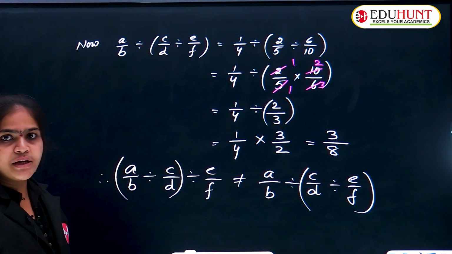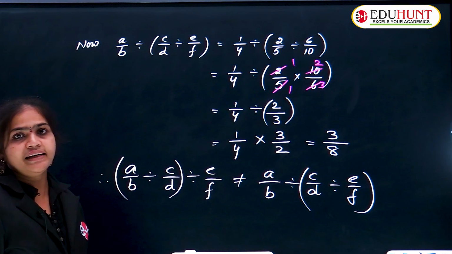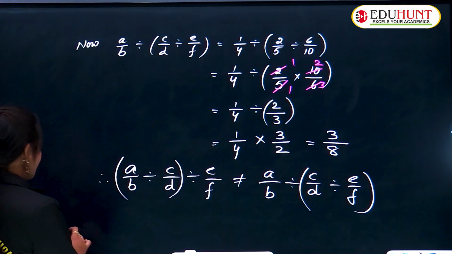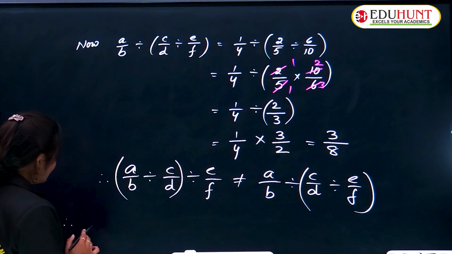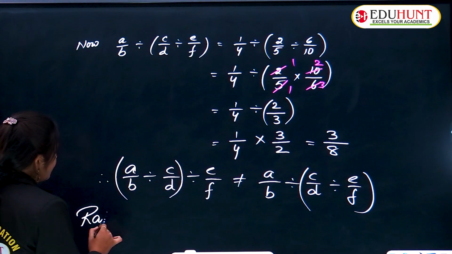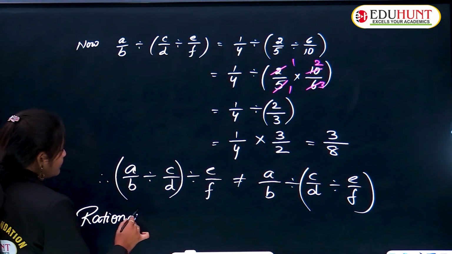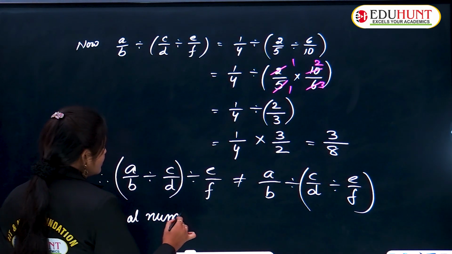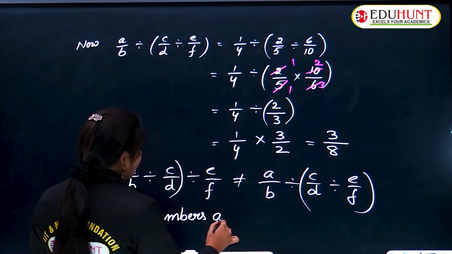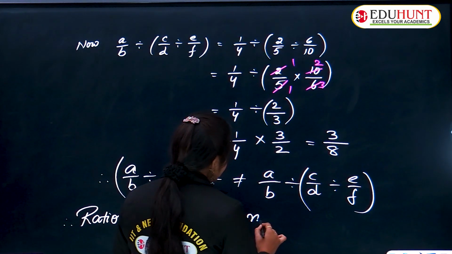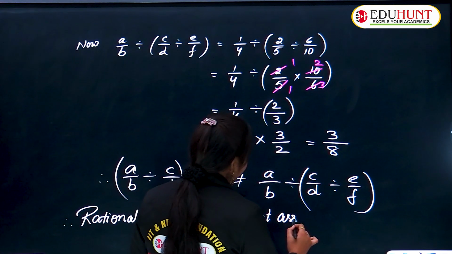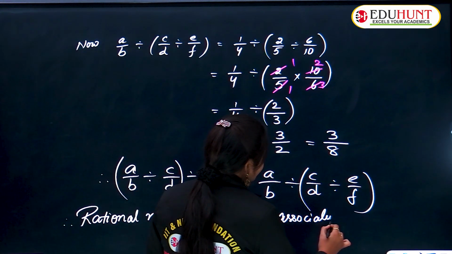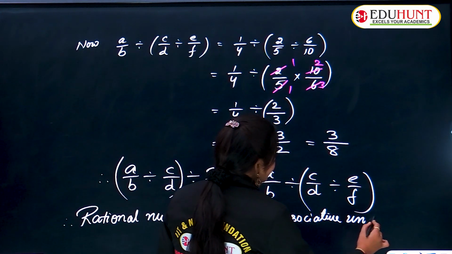Okay, 25 by 24 is not equal to 3 by 8. Understood, ma? As per this, what statement will we give here? Rational numbers are not associative under division.